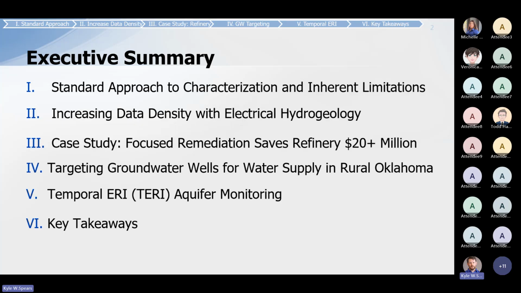We want to think about how we can overcome those, and we're going to do that with something we call electrical hydrogeology, which we'll get into a bit so we all understand what we mean by that. Then we'll take a look at two different case studies and then what we can do with the technology in terms of monitoring and seeing what happens in the subsurface across continuous 2D planes. And we'll think about what the key takeaways are, and then we'll open it up for discussion from there.